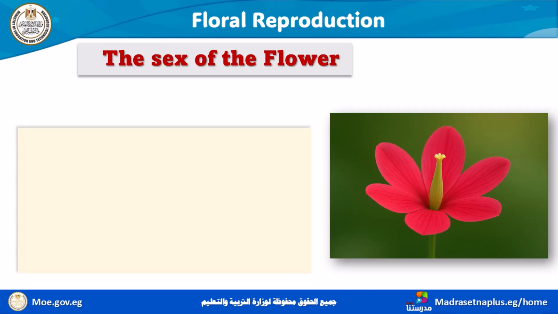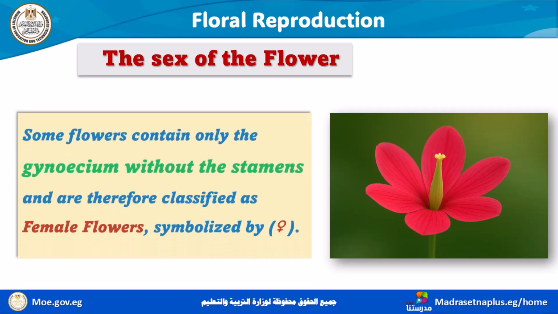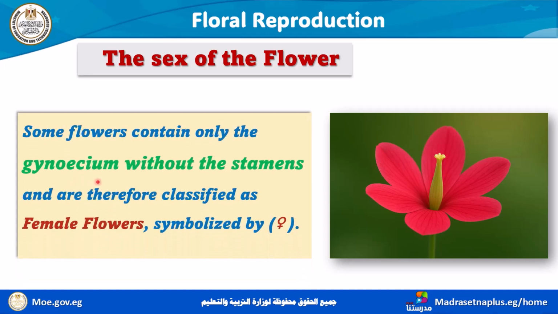In some flowers, we will have only gynoecium without the stamens and are therefore classified as female flower. In this flower, we can see the carpel or the pistil only, which is called gynoecium, and it's the female part of the flower.